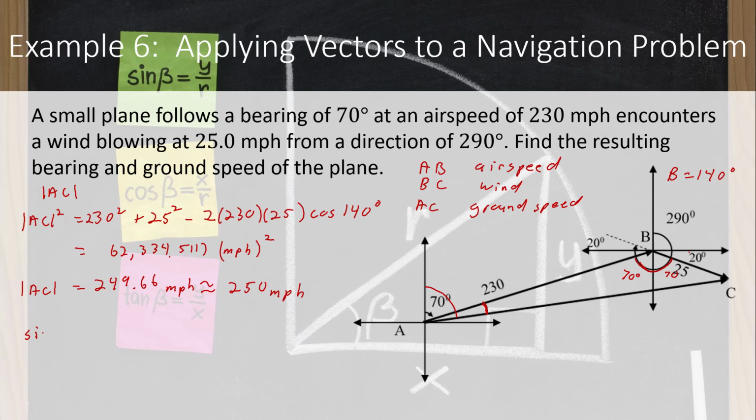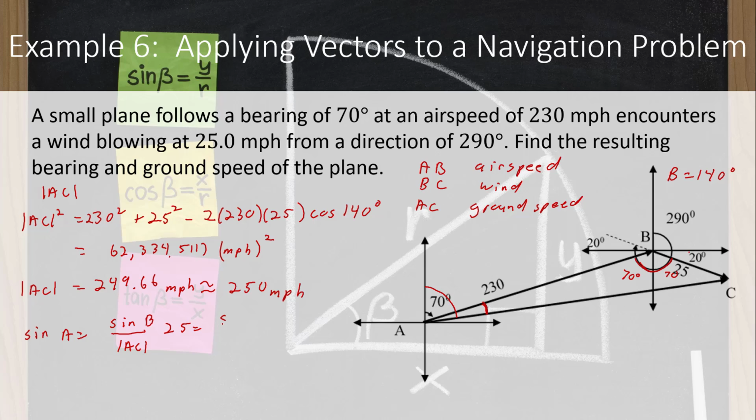So the sine of A is going to be equal to the sine of B divided by the length of B, which is basically AC, or the opposite length, times the length opposite A, which is 25.